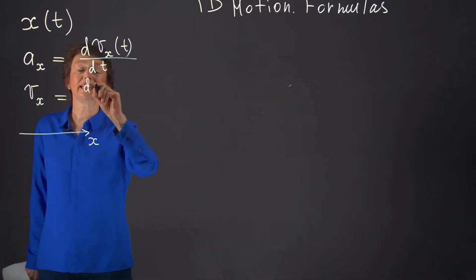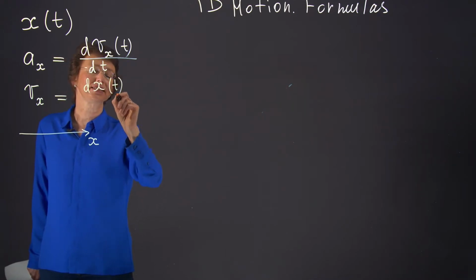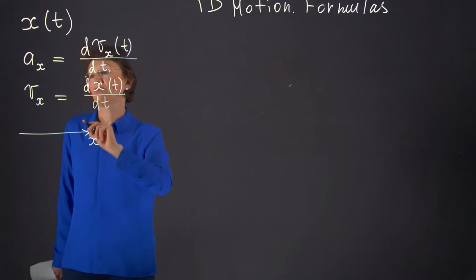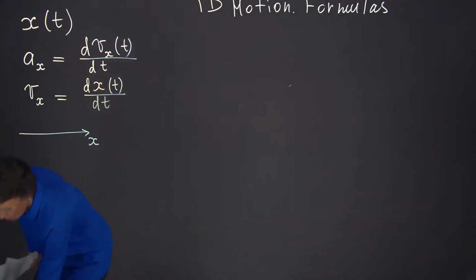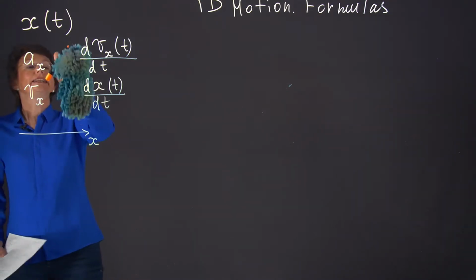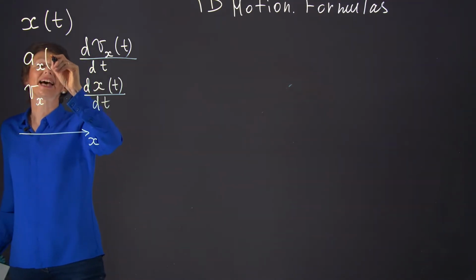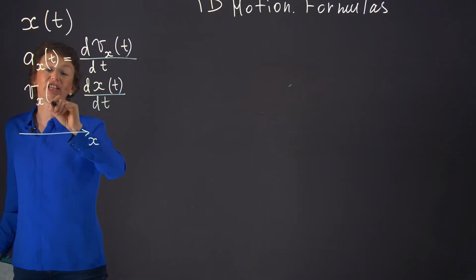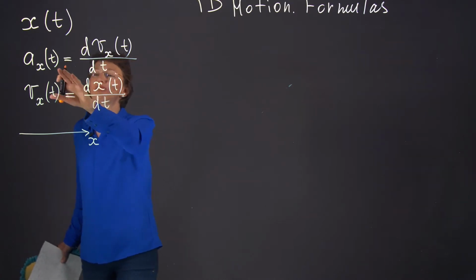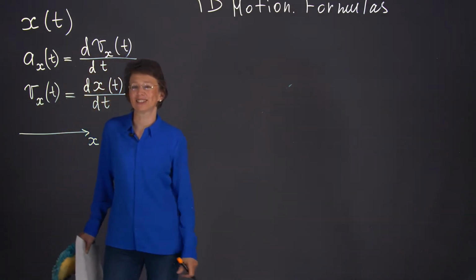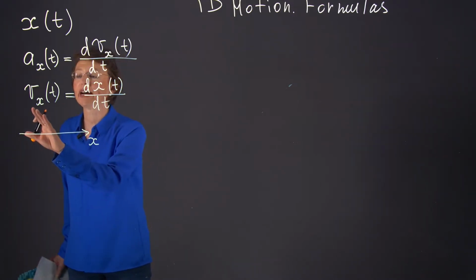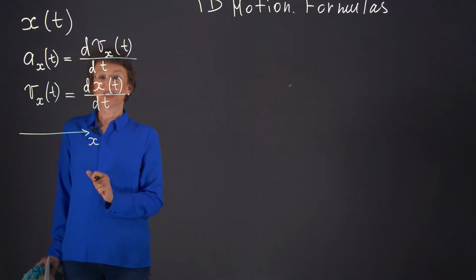It is the derivative of position with respect to time. What I don't like in these formulas, the way I wrote them, is that I forgot to put time here. So this is the definition of acceleration, and as time changes, I can find the x component of acceleration if I know velocity. And I can find the x component of velocity if I know position.